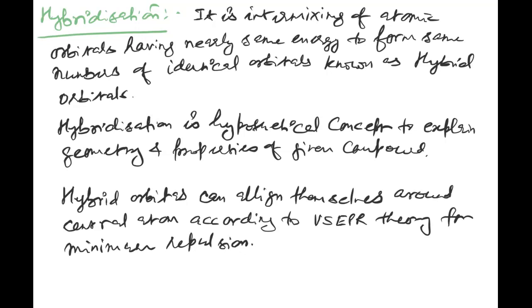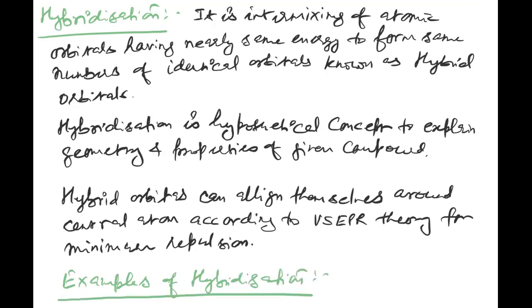Now one by one, we'll see different hybrid orbitals and hybridization examples. Examples of hybridization, in which first is sp hybridization.